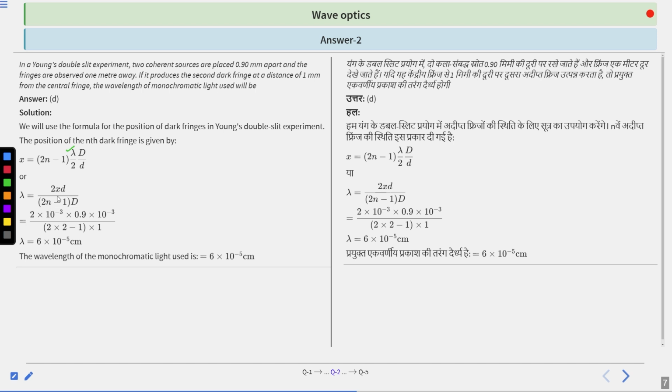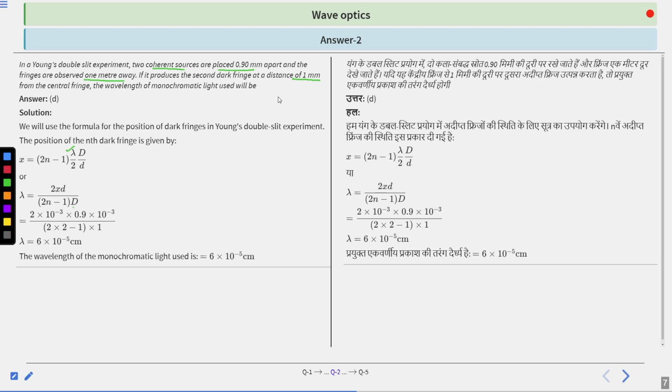Here x is 1 mm, and D is 1 meter away. So put all given terms in this formula: 2 into 10 raised to the power minus 3, multiplied by 0.9 into 10 raised to the power minus 3, where this is the distance between the two coherent sources, divided by 2 multiplied by (2 minus 1) and multiplied by 1.